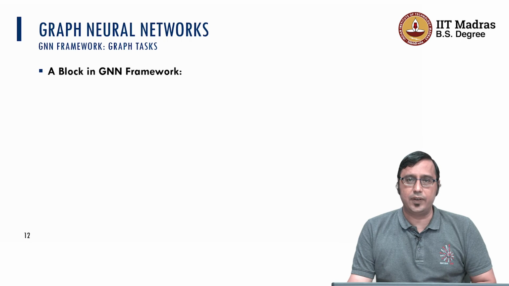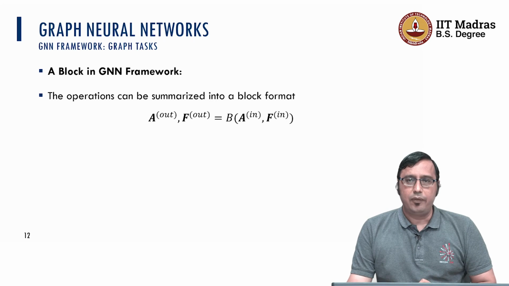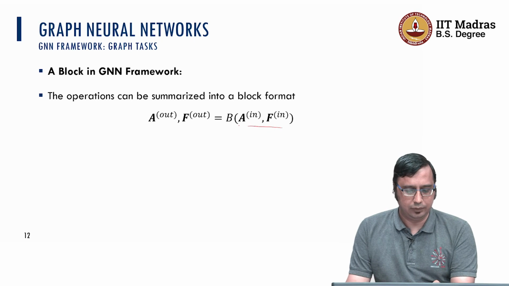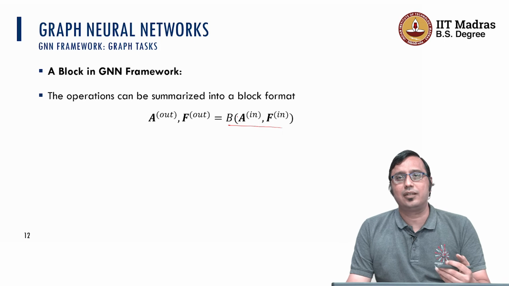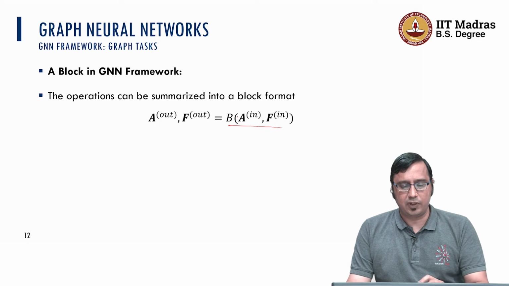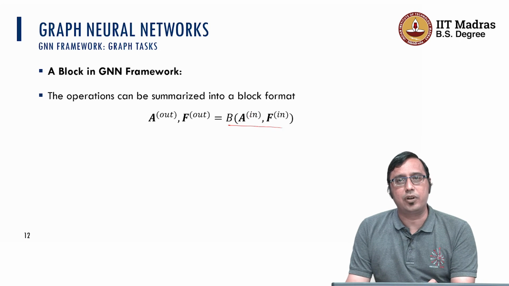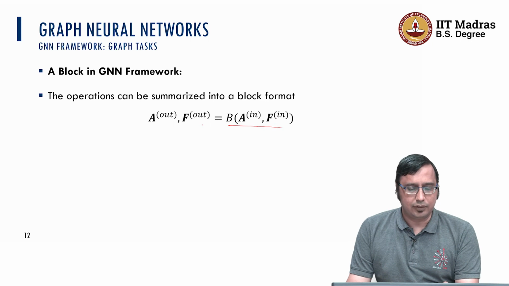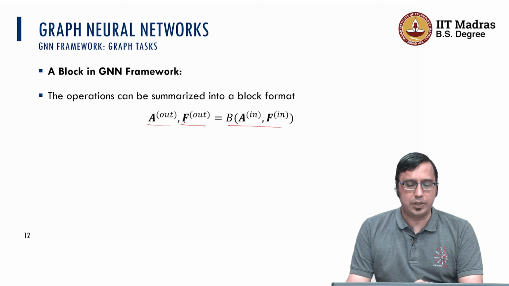A block in a graph neural network mathematically will have the following operation, where the block B is a series of operations together, where we start with A in, the input adjacency matrix, and F in, the input node feature matrix, and the output of the block is a new quotient adjacency matrix, A out, which summarizes the structure, and F out, which summarizes a learnt feature matrix.